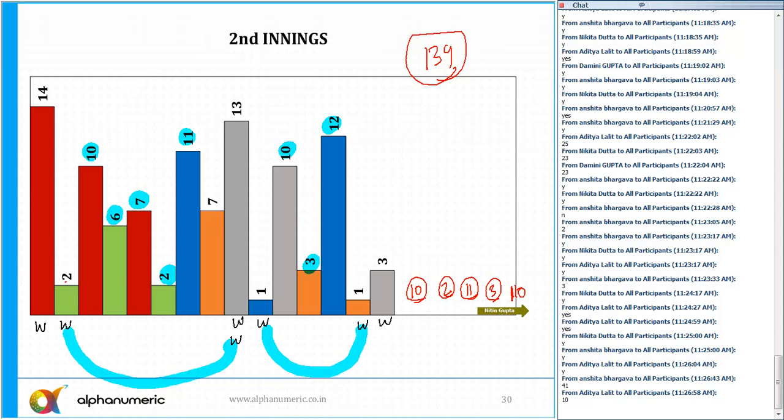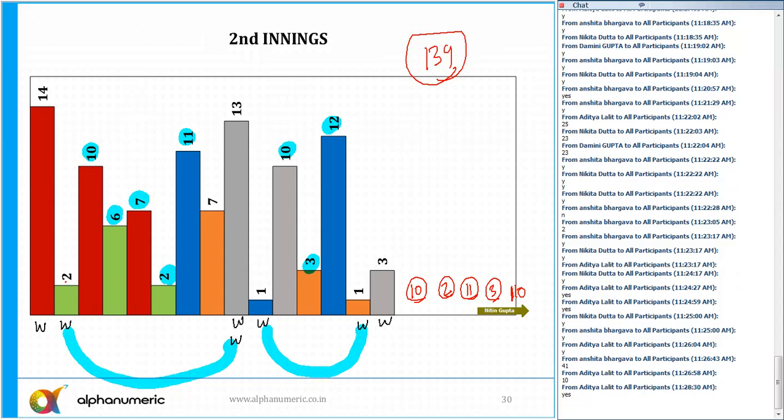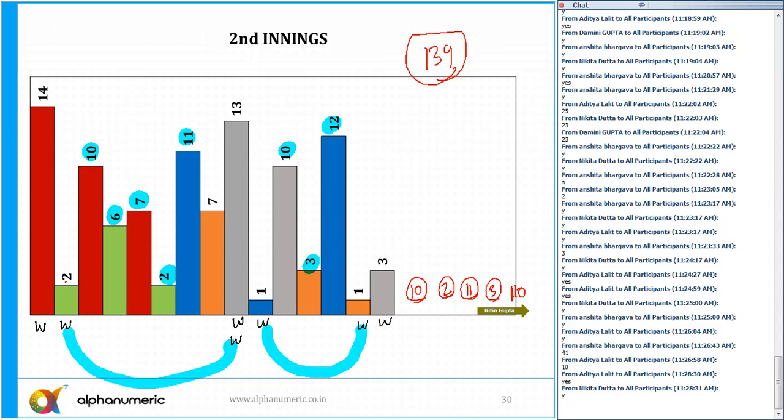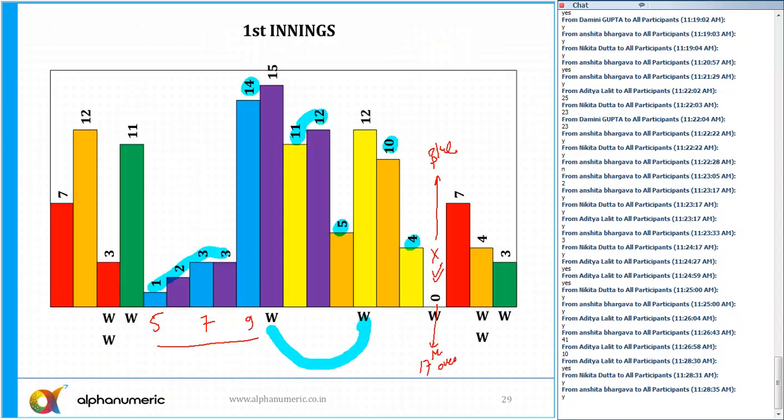Is that part clear to all of you? The total here is 139 in the second inning. Okay. And in the first inning, what is the total runs given? Just add all of them and tell me what is the answer in the first inning.